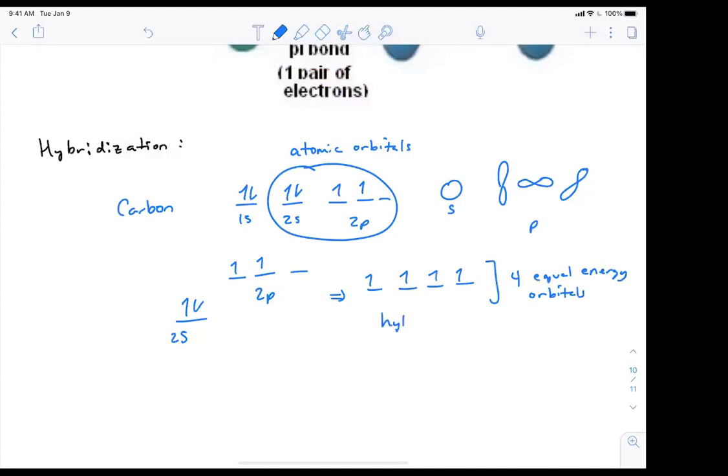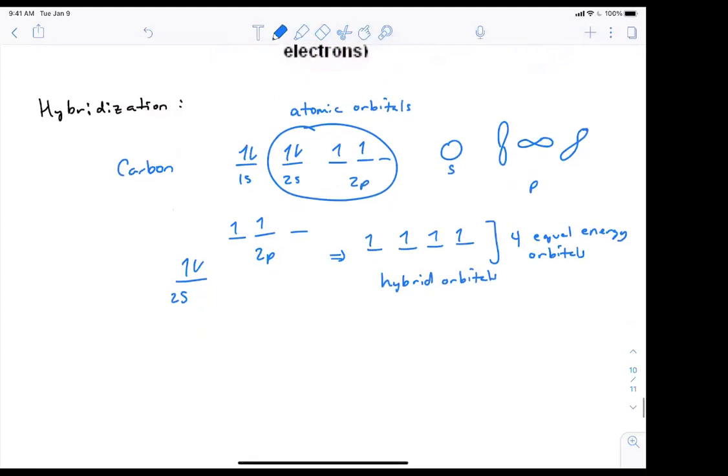And these are called hybrid orbitals. Experimentally, that's proven because all the bond lengths are the same and the angles are the same.